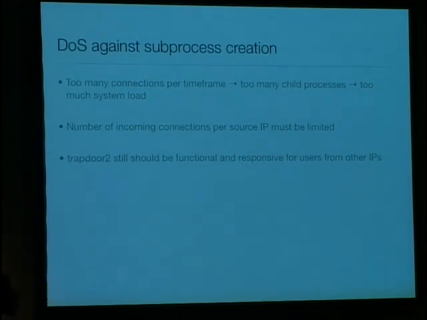And of course, too much system load, your system may become unusable. So you need to limit the incoming connections per source IP, plus the number of incoming connections at all. But Trapdoor 2 should still be functional and responsive for users from other IP addresses. And that's how we implemented our countermeasure.